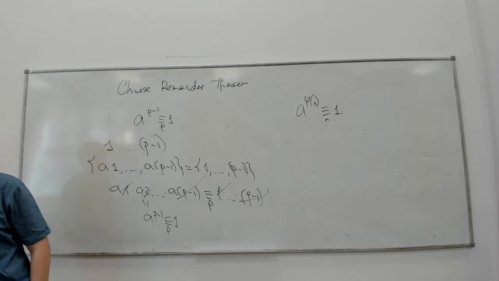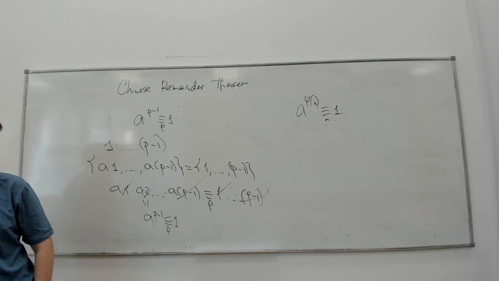So what is phi of n? Phi of n is the number of elements that are coprime with n.